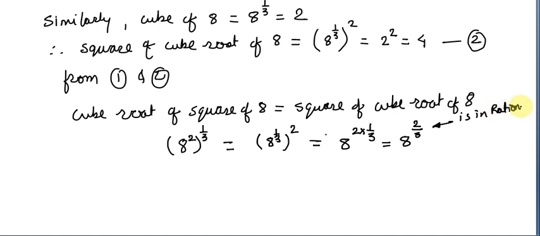It is called rational form m upon n, where m is 2, n is 3. So in this way we get the rational index form.